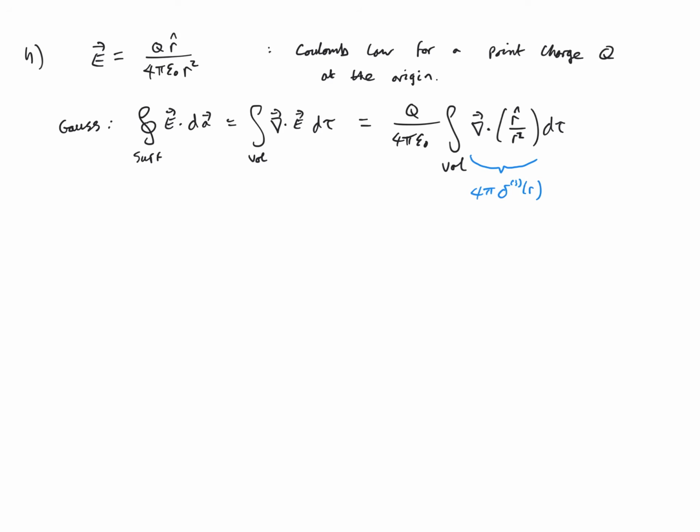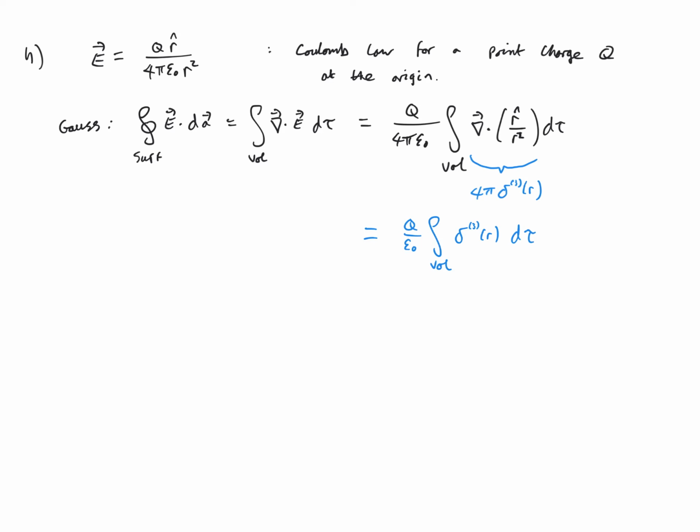And therefore, on the right-hand side, the 4 pi's cancel, and we have q over epsilon naught of the volume integral of the delta function d tau.